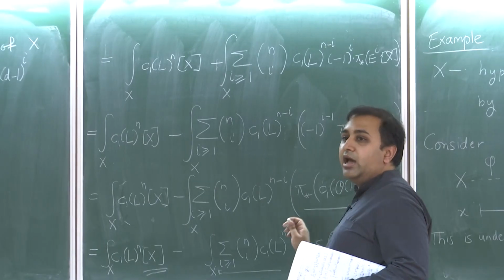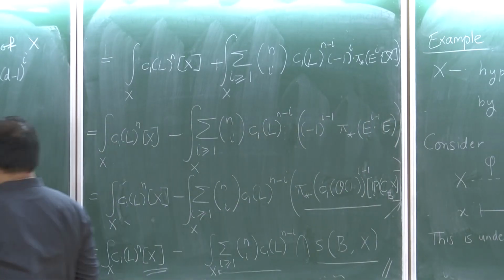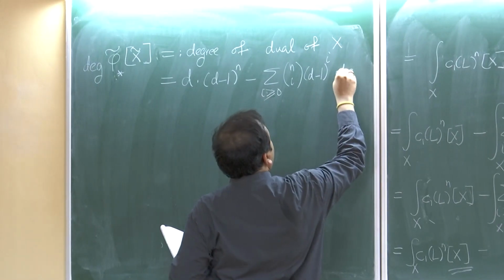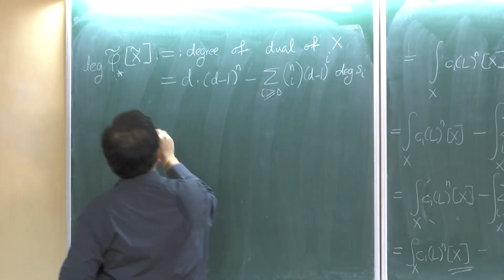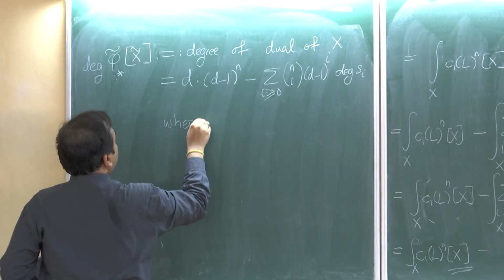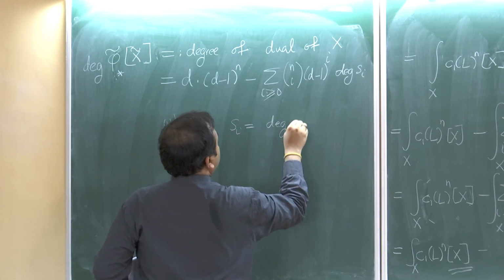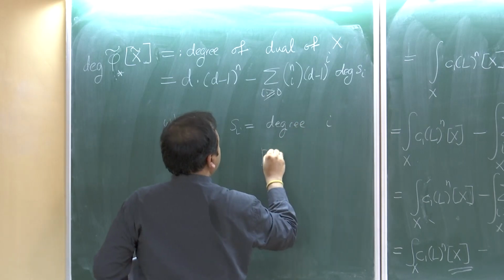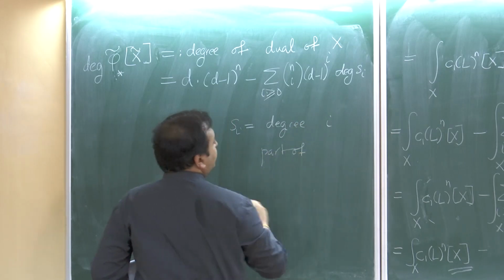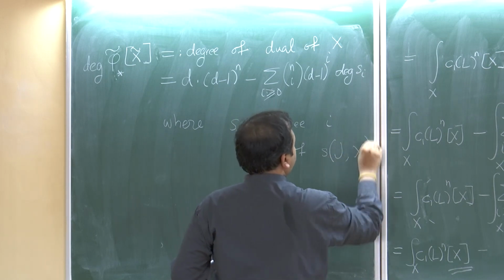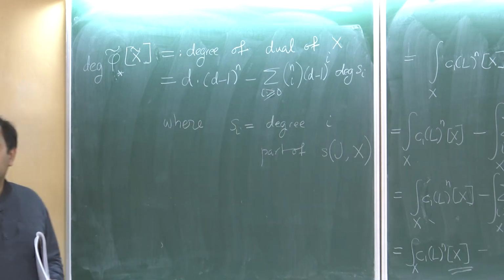You just need the degree i part of it, so degree of S_i, where S_i equals the degree i part of the Segre class of J_x.